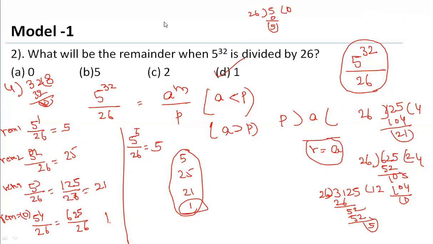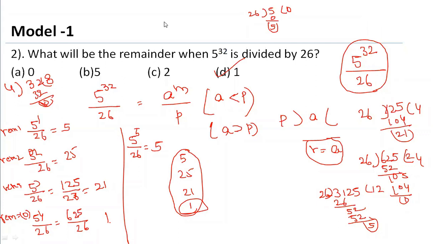We can write it as a power m by p. Always a should be less than p. If a is less than p, directly you can check after how many powers of 5 divided by 26 the remainders are going to get repeated. If a is greater than p, then you have to divide a with respect to p, and whatever remainder you get, place it in the value of a. That's the basic process, guys.